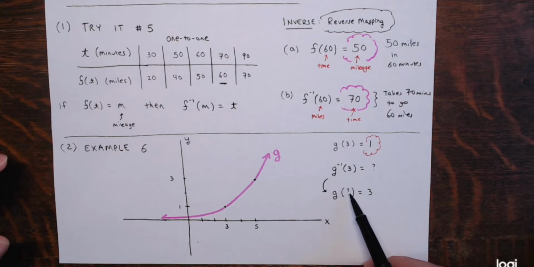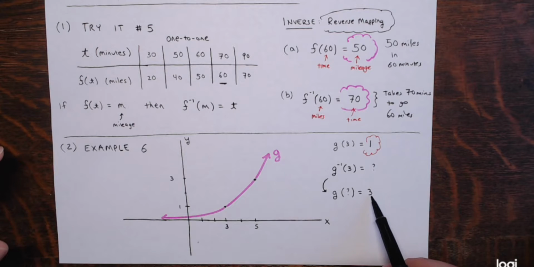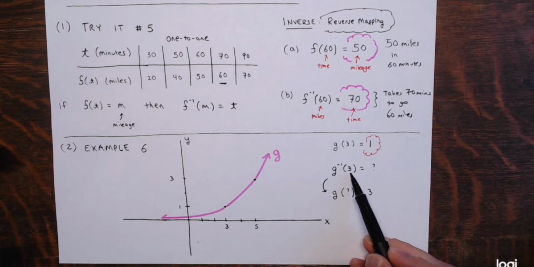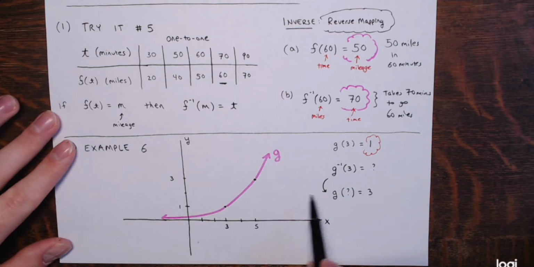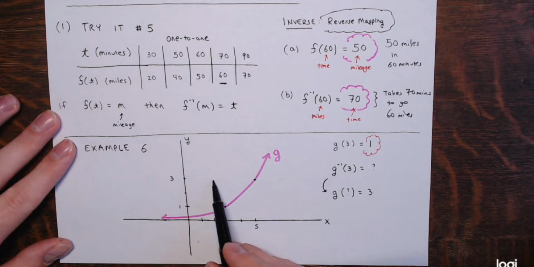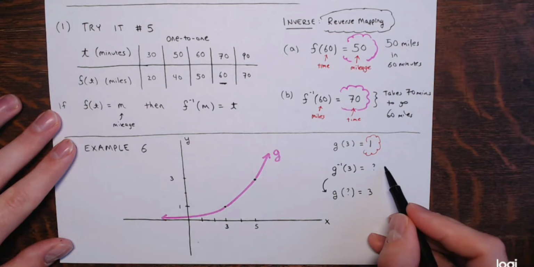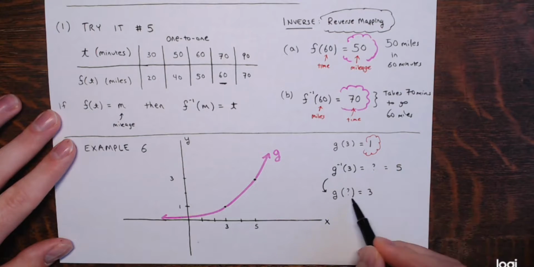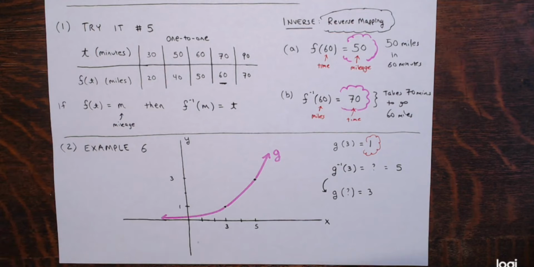So in g, what number gives me an output of 3? Because that output of 3 will become the input in g inverse. So if you look at the output of 3 here, g of 5 is 3. So that means that g inverse of 3 is 5.